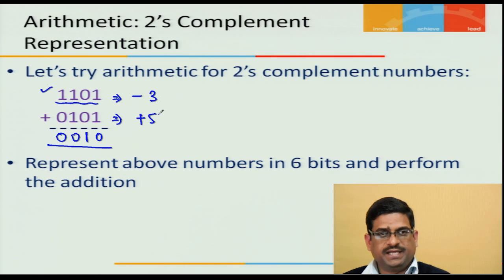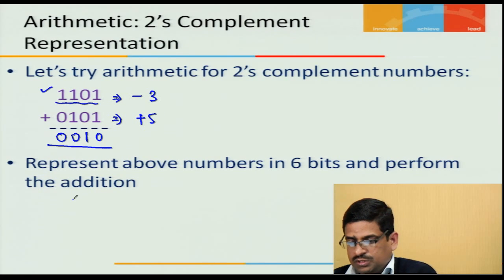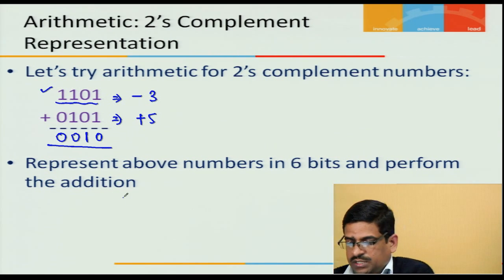We want the same thing here: the number value should not change if I represent a number with a larger number of bits. So let us say I append 0s to represent this minus 3 in 6 bits.